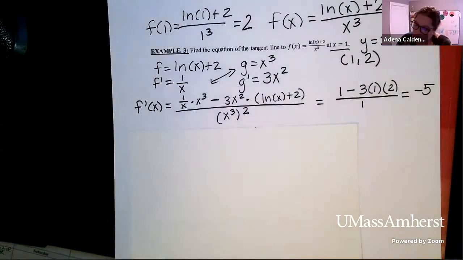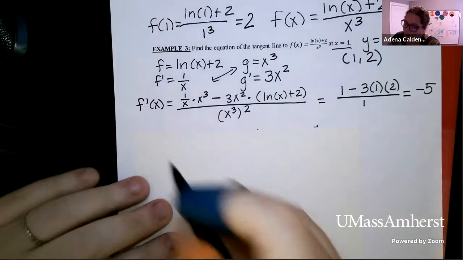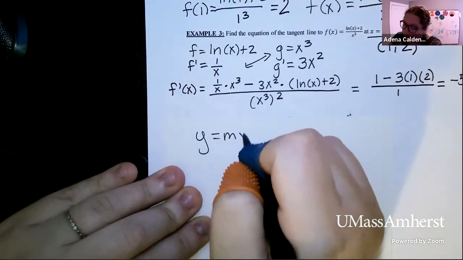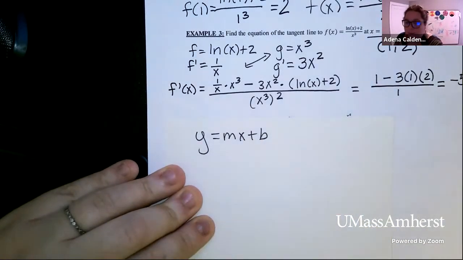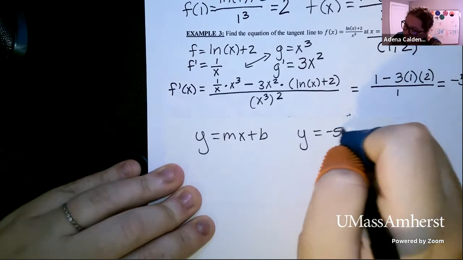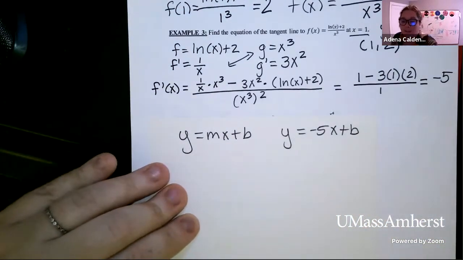So we take our point and we take our slope, and we're going to put it together in y equals mx plus b. Let's see, I guess we'll just write right on the index card. So y equals mx plus b. We know that our slope is -5. So we have y equals -5x plus b.